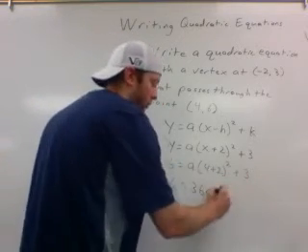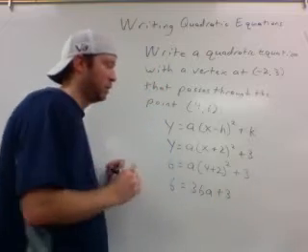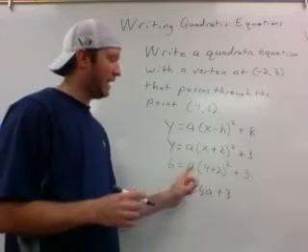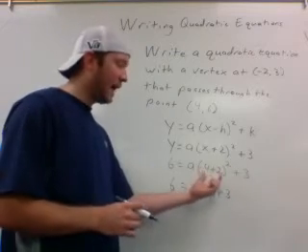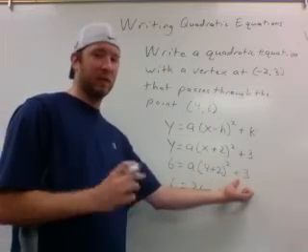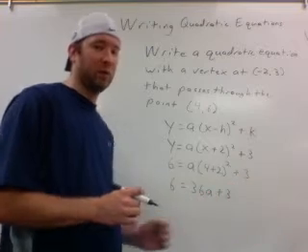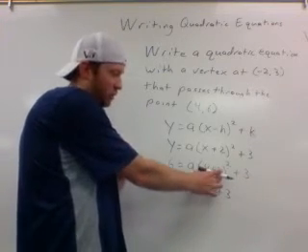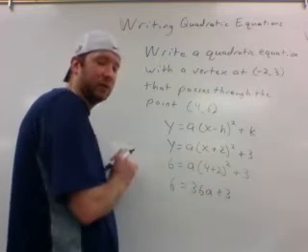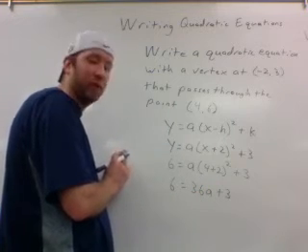And then plus 3. Very careful. Understand this is a times this, and then plus. So I can't add the 36 and the 3 together. That does not follow order of operations. So to help, notice what I did is I put the number that was squared in front of the a. It's going to save me from making mistakes and doing bad math.